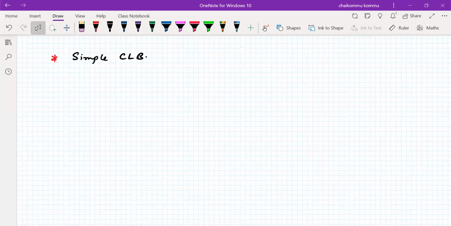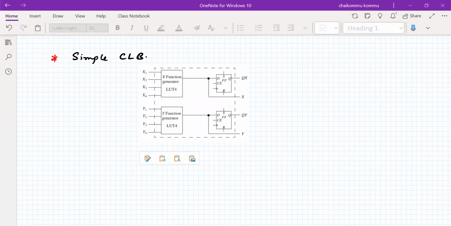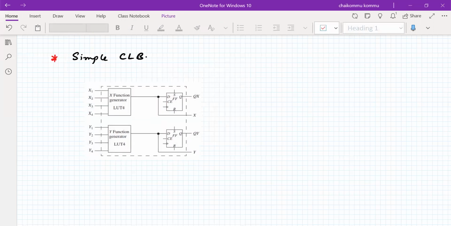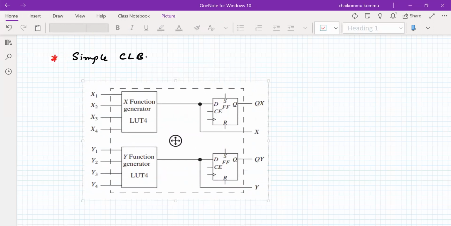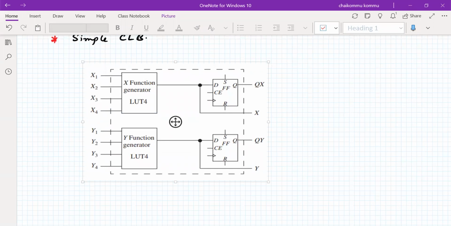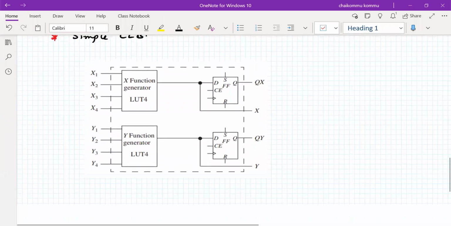I will show you the simple CLB in this way. This is one of the CLBs normally used in one particular FPGA. Observe what essential components we can see.